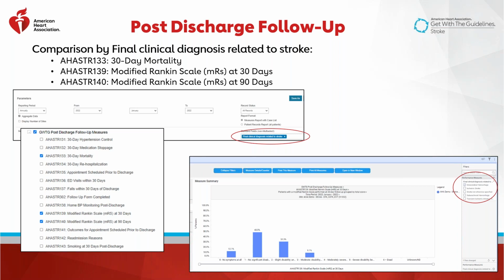So if you do a follow-up on any of your ICH, SAH, and ischemic strokes, obviously, you can run our version of the 90-day modified ranking measure. You can add in a filter for final clinical diagnosis, and you see right here, you can actually filter that down by the different final diagnoses. So you can look at the difference in your modified ranking functional status of your ICH patients versus your ischemic strokes and SAH and so on.